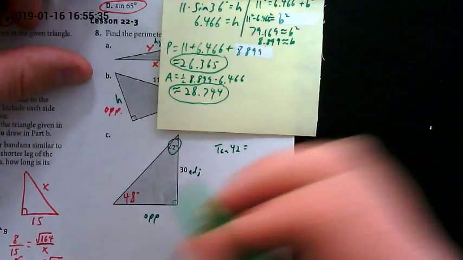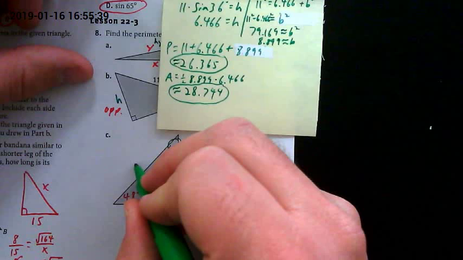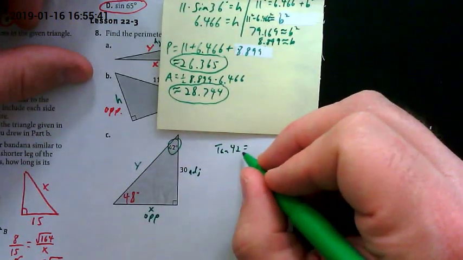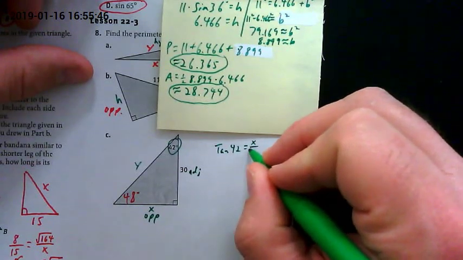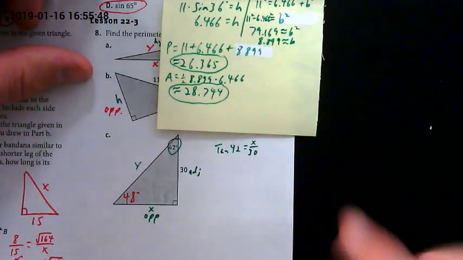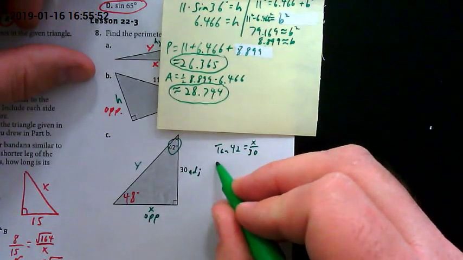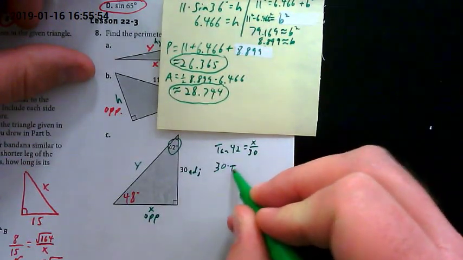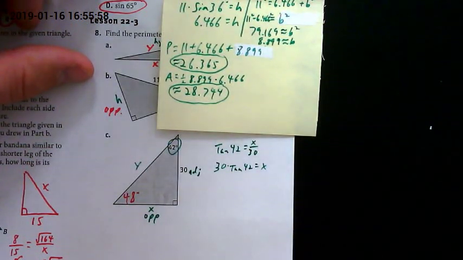I'm just going to call it x and y again. So that's x, that's y. So we'll say tangent of 42 equals x over 30. And then to get rid of the 30, we're going to multiply. So 30 times tangent of 42 equals x.